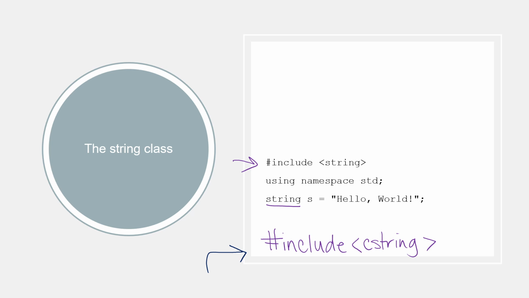But to help you understand more and practice more about arrays, it's good to also understand C strings. Remember that C++ came after C. So in C, you can't use the string class, but in C++, you can use the string class, and you can also use C-style strings or cstring.